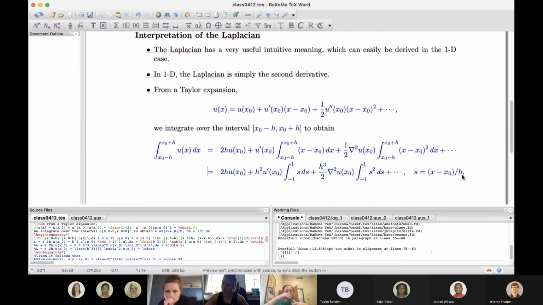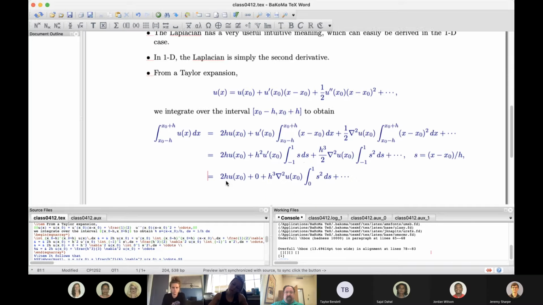Now, why that's helpful is if I have an odd function, like an odd power of s, integrated over an interval that's symmetric around 0, like -1 to 1, this integral is just going to be 0. So that part goes away.